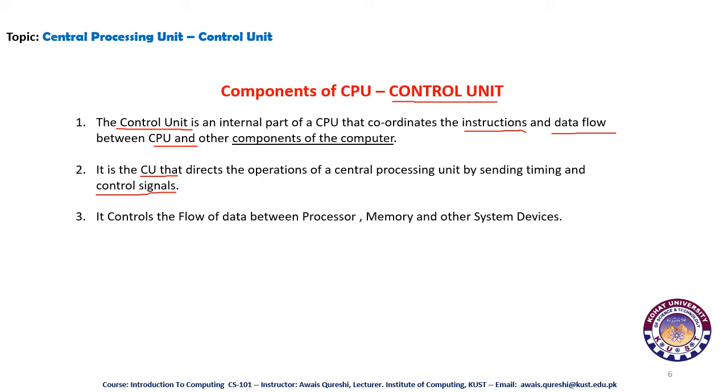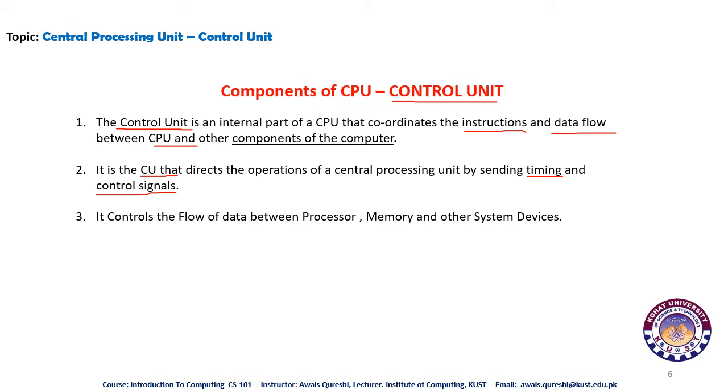These are a special type of signals, which we call timing and control signals, with the help of which the CPU and other components like the arithmetic logic unit execute different instructions in a timely manner. So those timing signals and control signals are sent to the ALU by the control unit.